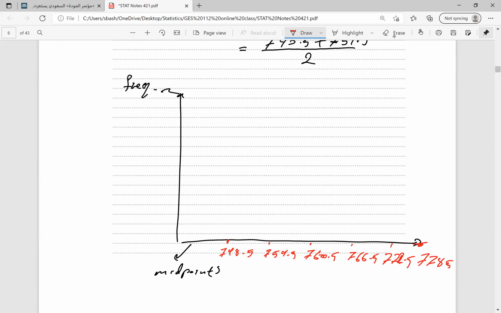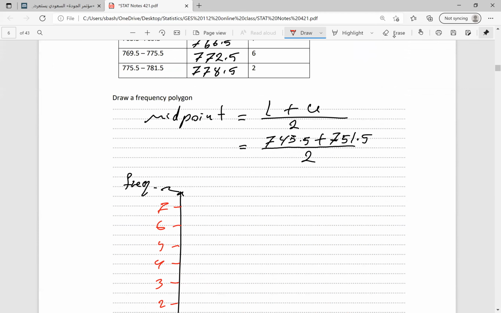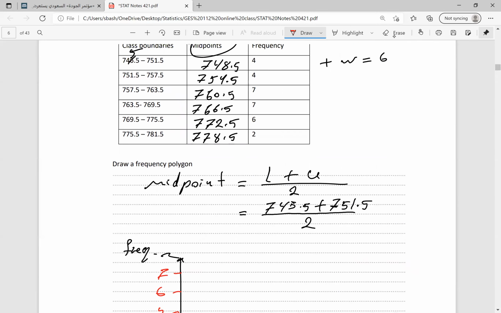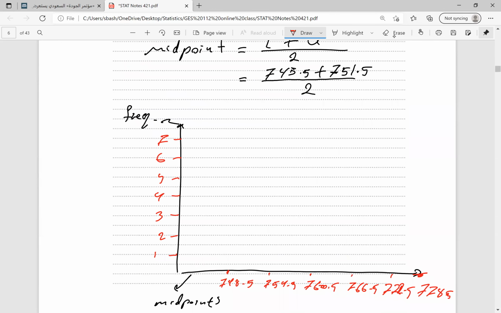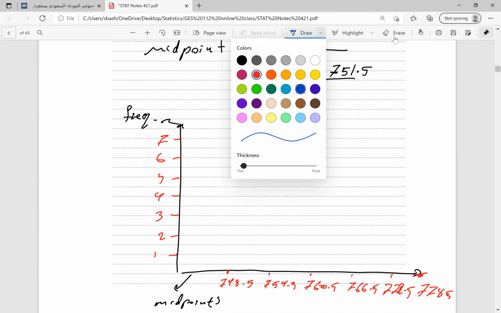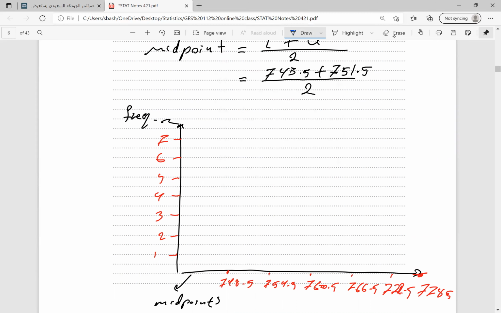Frequencies start with, say, 2 scale is okay. So it is 1, 2, 3, 4, 5, 6, and 7, because the highest one is equal to 7. Now I have 4, 4, 7, 7, 6, 2, the frequencies. First one should be exactly at the midpoint of the classes.